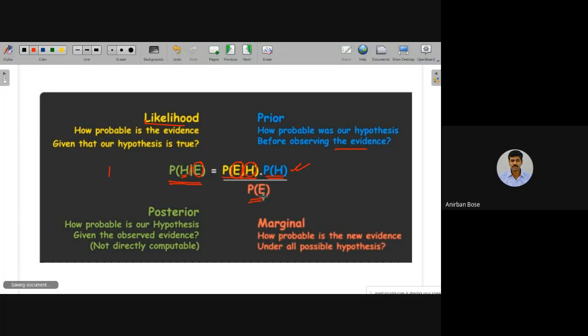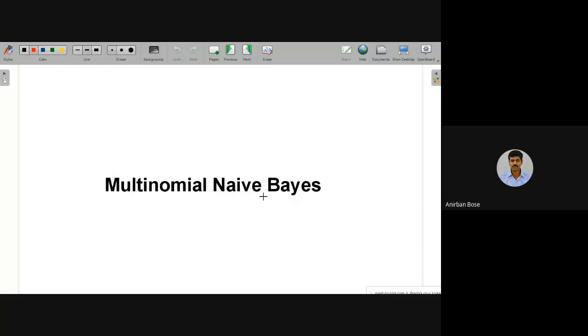We'll try to understand all these terms and the mathematical calculations with respect to some data set with one example, so that you can understand it well. Specifically in this lecture, we are going to discuss a particular naive-Bayes category, the multinomial naive-Bayes.